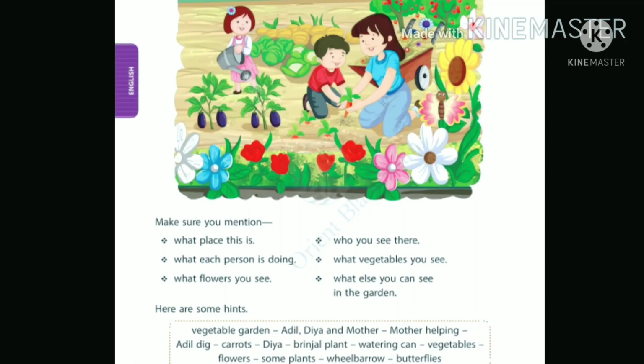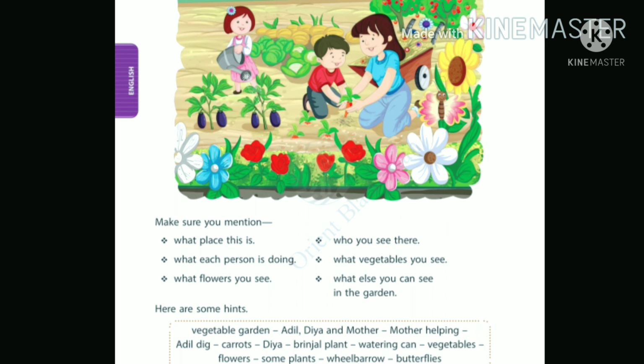What do you see in this picture? What place is this? Yeah, this is a vegetable garden. Who do you see there? Below you can see some hints. Adil, Diya and mother.